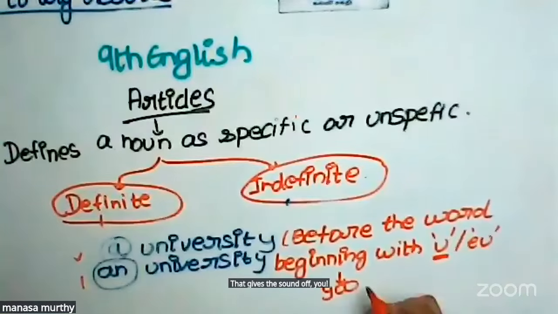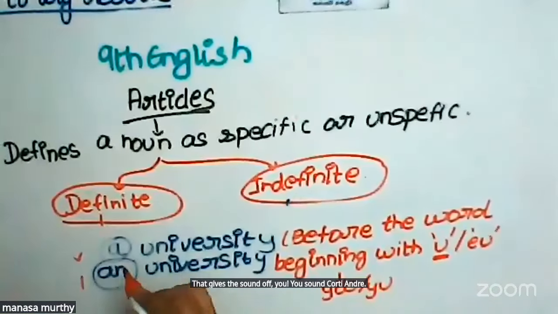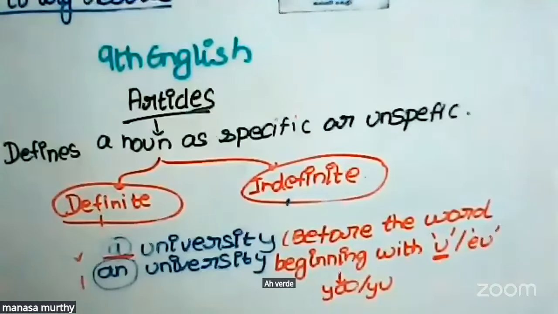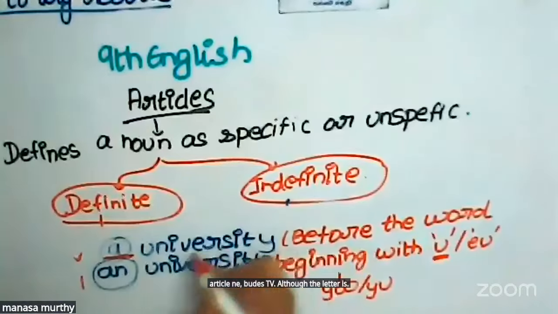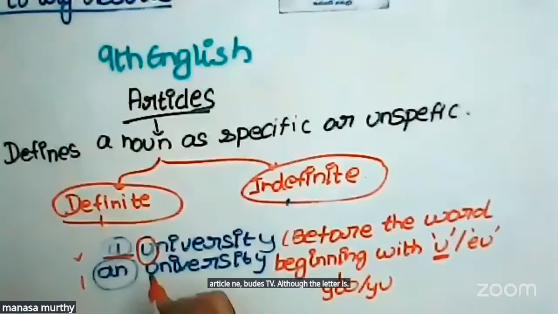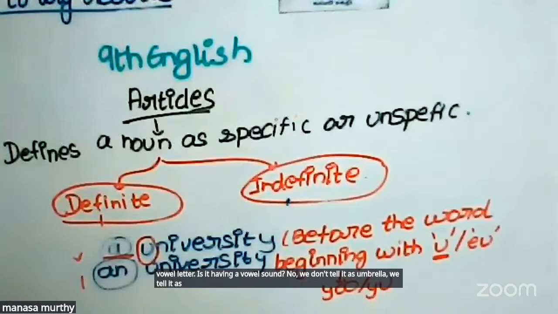If it gives this sound, then before that word we use the article a. Although the letter is a vowel letter, does it have a vowel sound? Now we say umbrella, not yumbrella. No, we don't say it as yumbrella, we say umbrella. Umbrella, right? Europe, correct.